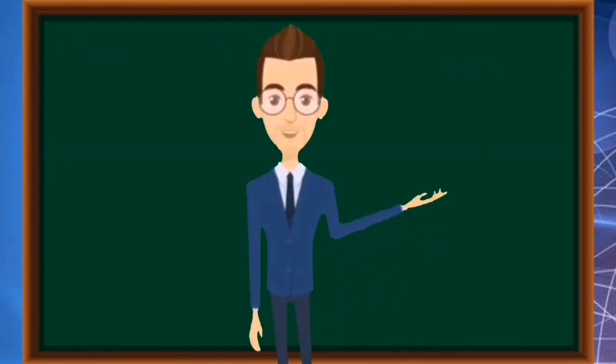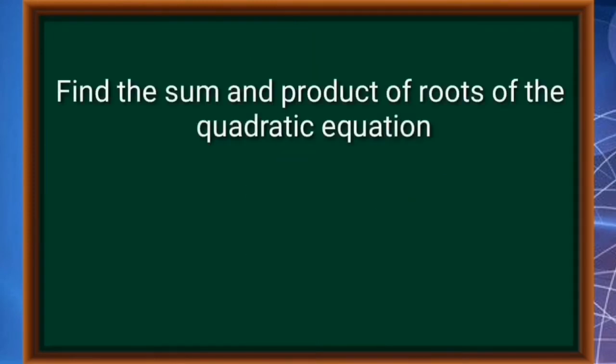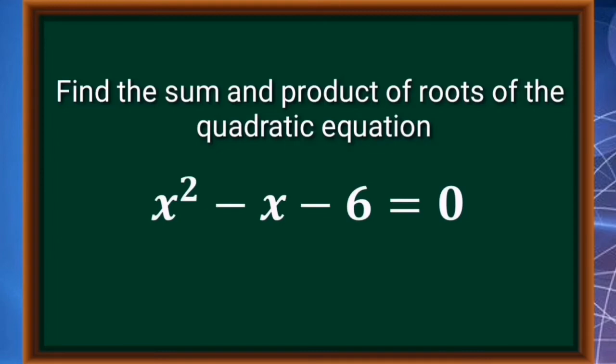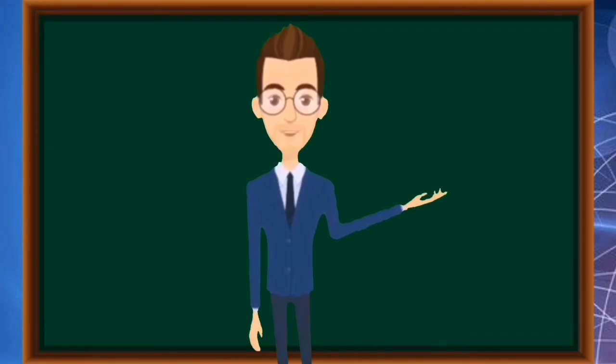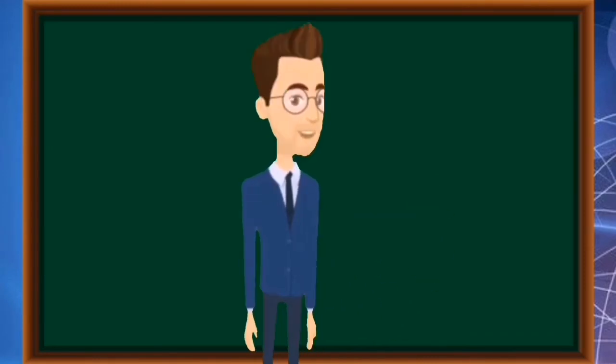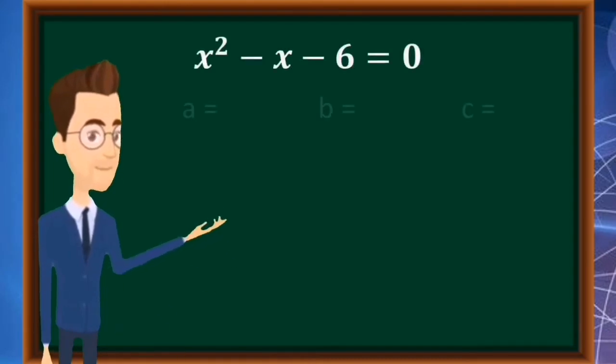Using the derived formulas of the sum and the product of roots, let's try an example. Find the sum and the product of the roots of x squared minus x minus 6 equals 0. First, we have to identify the value of a, the value of b, and the value of c.